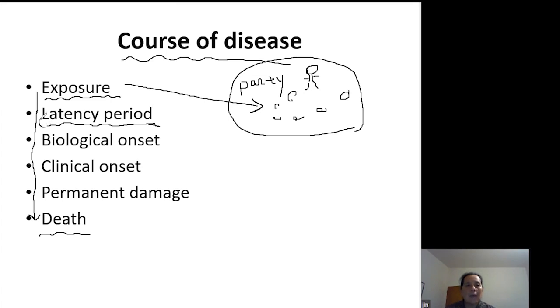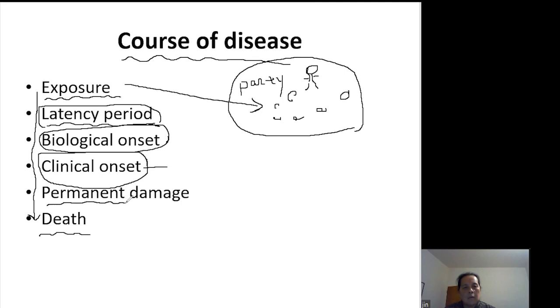That time we call the latent period. And then they will have some changes. Small changes happen inside the body, then clinical changes, meaning symptoms and signs, show up in the body. And then they cause severe damage, and the severe case will be death. Certainly, people possibly recover at different stages, even at the clinical stage, after some treatment they still recover.